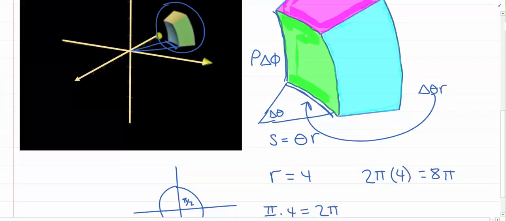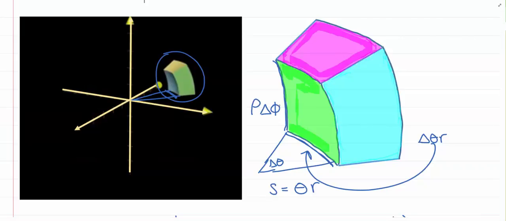Okay, now let's look at something else here. We still need to figure out what this length here is. Well, this would be delta rho, because here's where one rho ends and here's where another one ends. So this is the delta rho here.